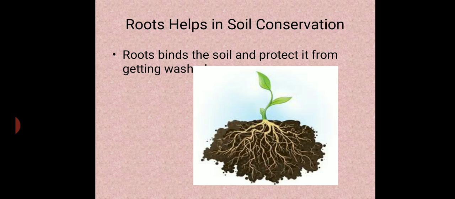So if the rain comes, this soil will not wash out, it will not move away with the rain, because that soil is being held by the roots. So this is one of the most important features of the root.